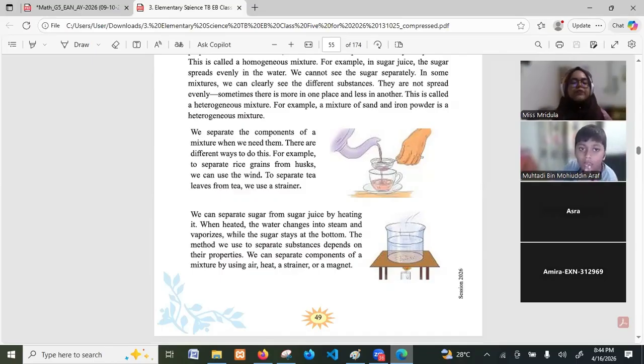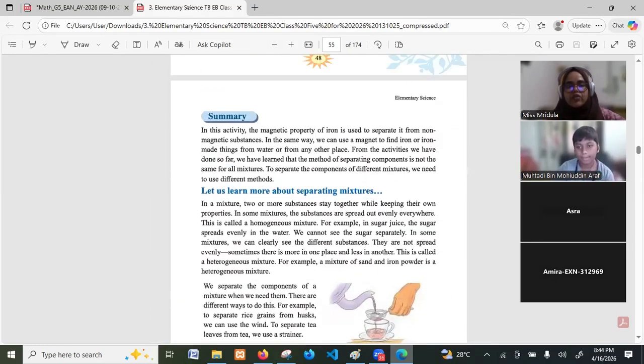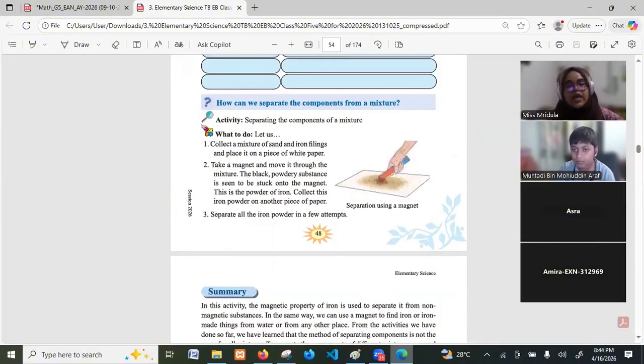Yes, miss. Okay, so let's go to page number 49. In the last class of ours, we were talking about mixtures. And we also talked about how we can separate different elements from different types of mixture, right? We talked about like if we are having tea, from there we cannot get the tea leaves, milk, sugar out.